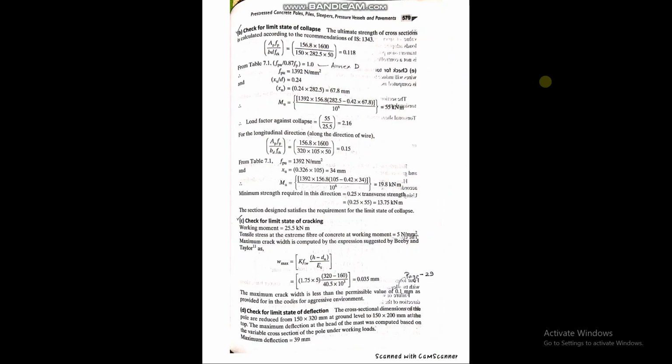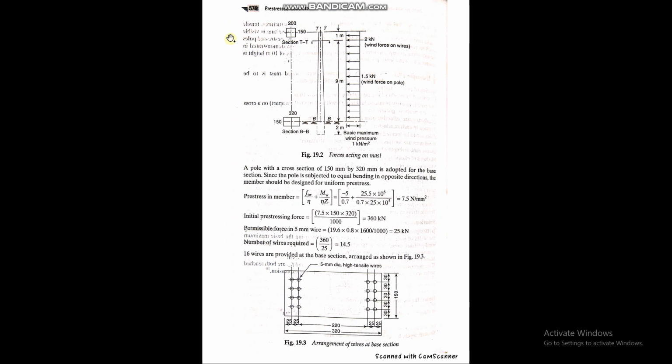Now coming back to the next step, we have to check for the limit state of collapse. We already designed the section having 320 cross 150 millimeter dimension at the bottom, and it has been varied throughout, and at the top it is 200 cross 150.